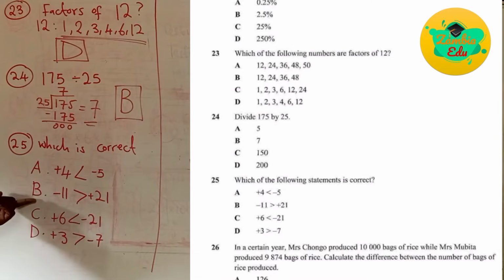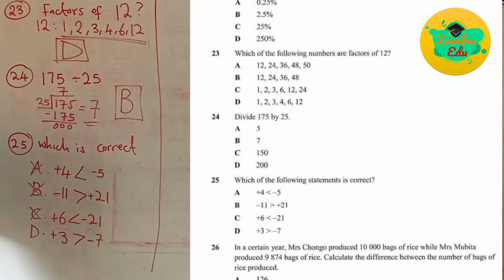B says negative 11 is greater than positive 21. That is also false. C says positive 6 is less than negative 23. That is false.